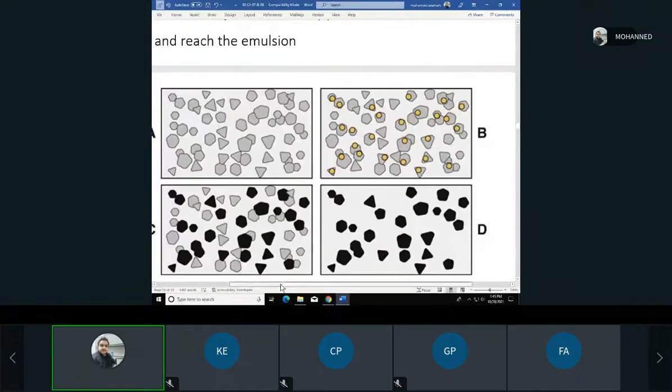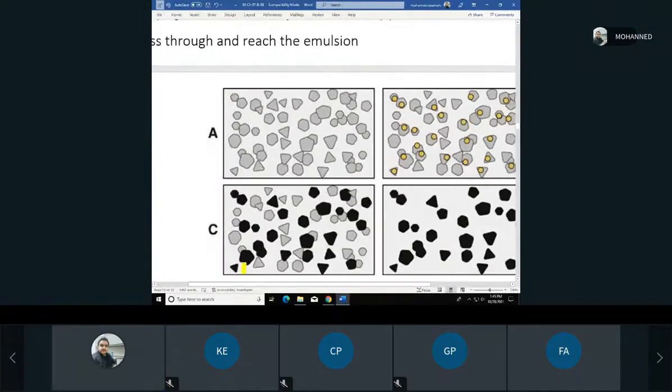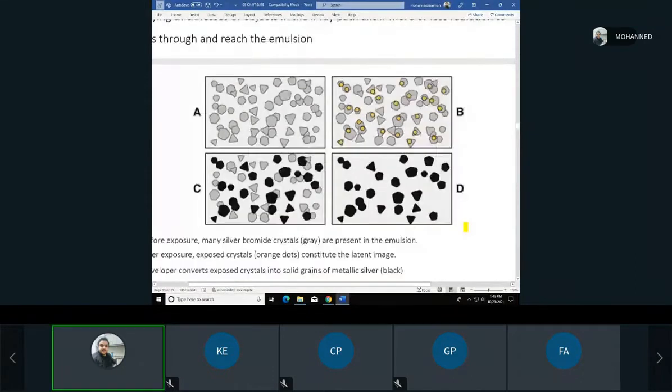And then when we put it in the developer, the ones that are exposed turn black and the ones that are not exposed just remain the same. And then we have a fixer that will erase all of the other ones that are not exposed and keep the exposed ones only on the film. Does that make any sense?